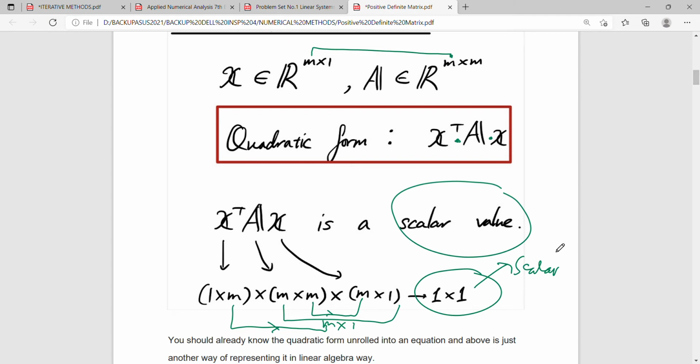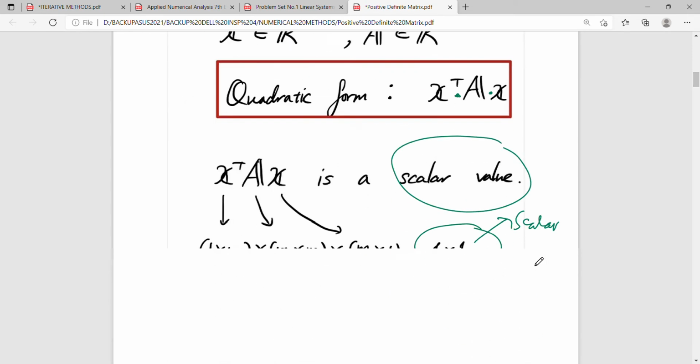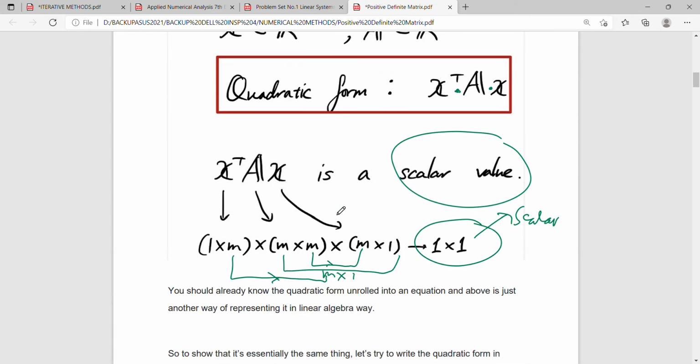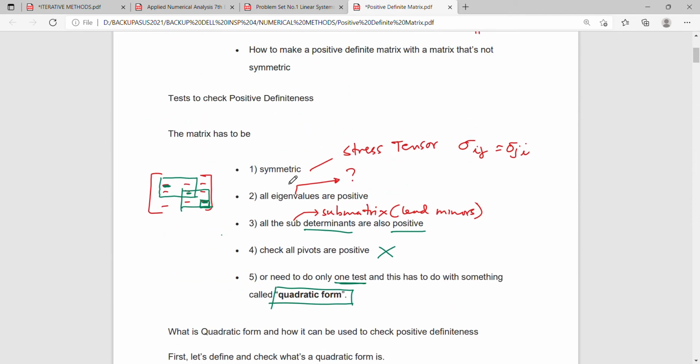So, if I know tensors, I know matrices, I just get this from a good source and read it. There's no problem with me understanding it, because the language is not different from what I understand. But if you don't know about matrix, vectors and tensor properties, you will find this very hard.